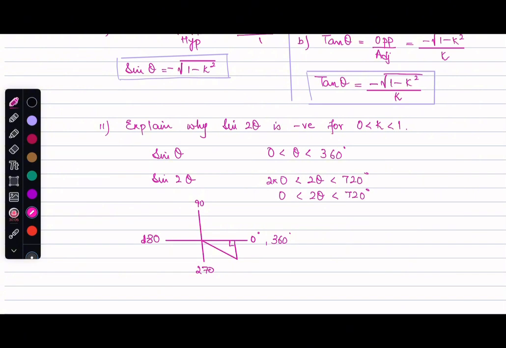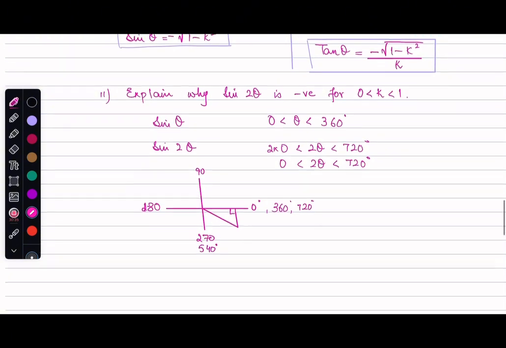So if we are giving it a second rotation, we are talking about 540 degrees and also 720 degrees. In this range from 540 till 720, our angle value will lie in the fourth quadrant, where sine is going to be negative.